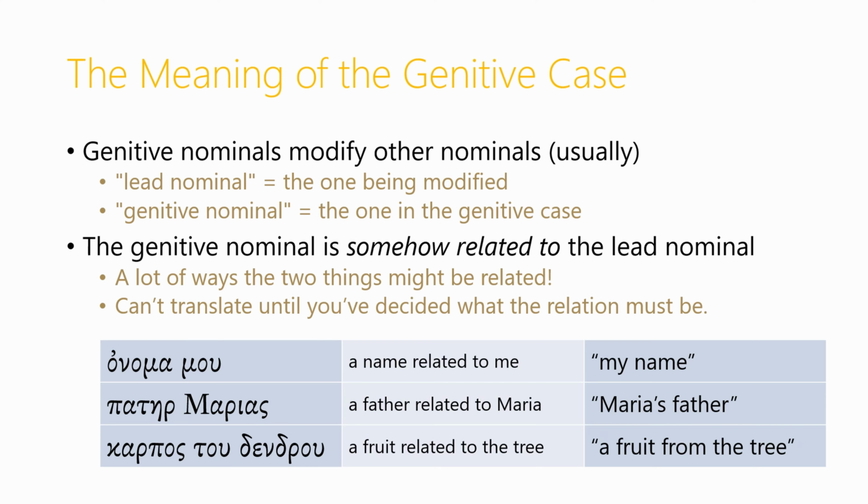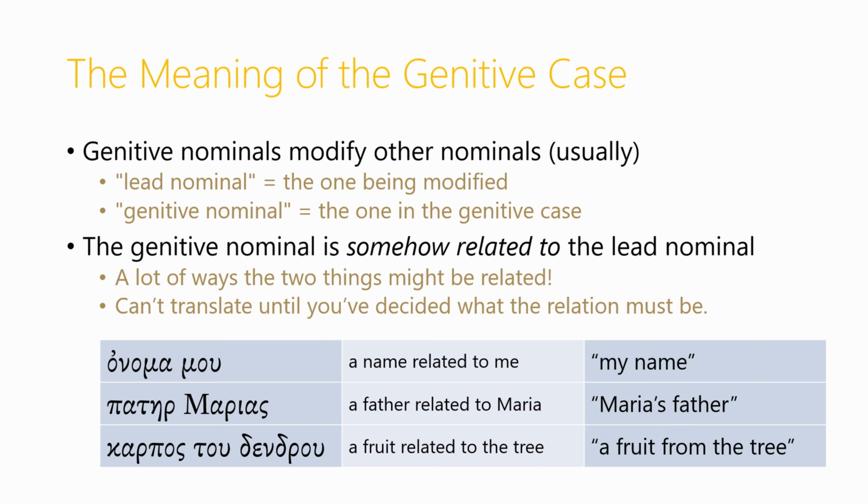So onoma mou is a name that's somehow related to me. We might translate it my name and think of it as the name that I possess. Pater Marias is a father that's somehow related to Maria.